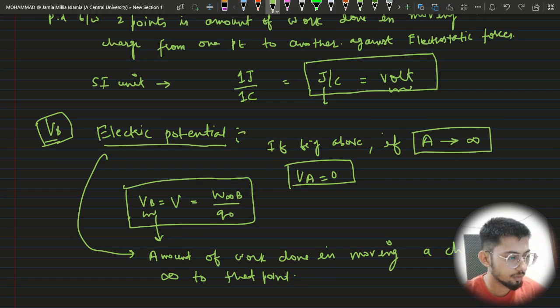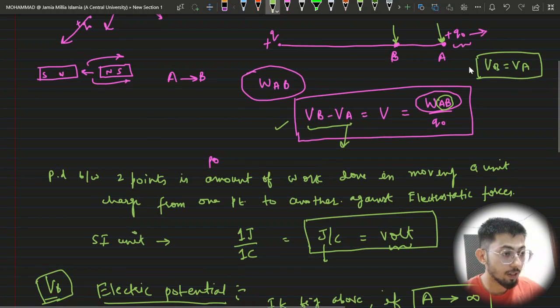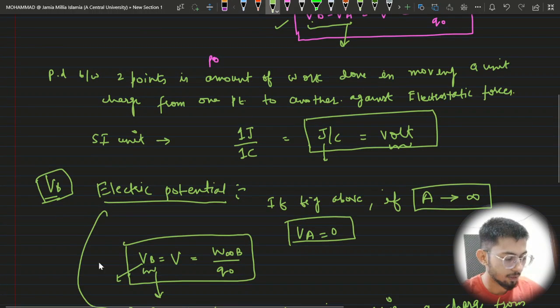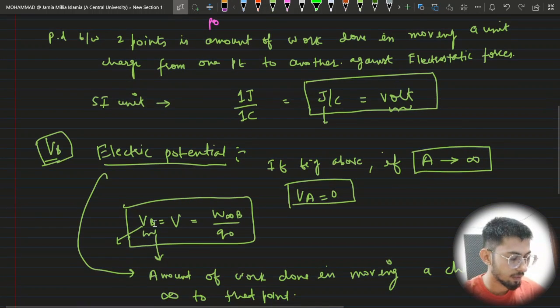That is the absolute potential. When we move from infinity, VA will be 0, isn't it? According to the formula, VB is equal to W upon Q.